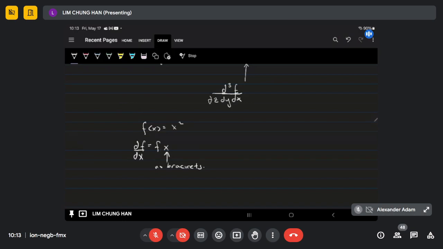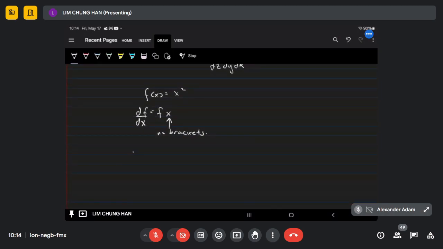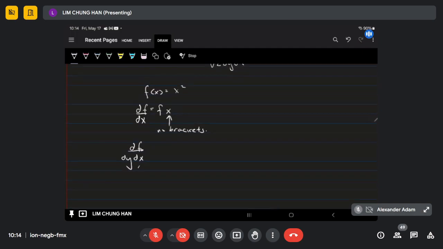When I write fx like this, what I'm telling you to do is differentiate against x. If I write it like this, do you understand this, Hussein? Yes. This one means you differentiate against x first, and then you differentiate against y. This one you understand, right?